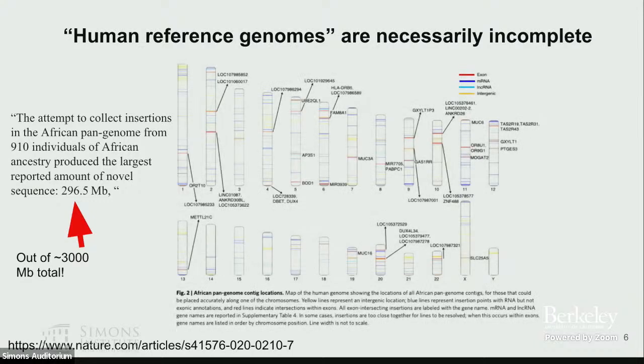And the more we attempt to expand the knowledge of the human genome to diverse populations, the more we understand that it is necessarily incomplete. Okay, this is a quick example from a recent study where just about 100 or so African individuals were sequenced, and they found more than 300 megabases of missing DNA and genes.